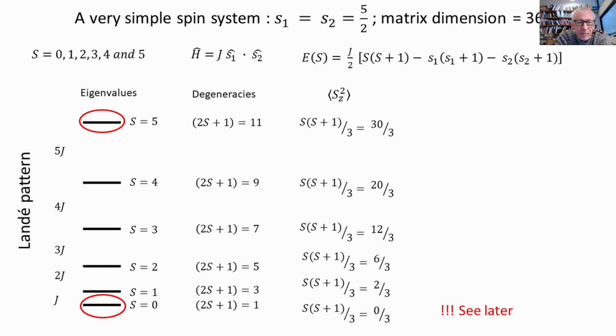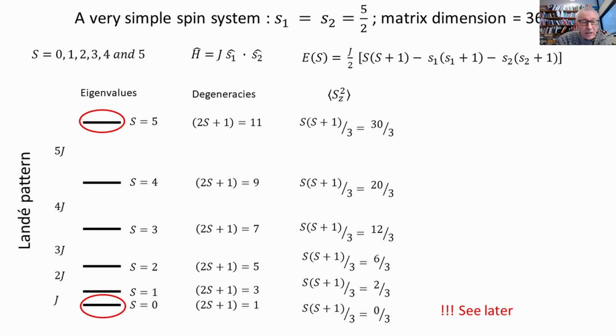See, if you have a spin system composed of two spins, each of spin quantum number 5/2, you have a system which has matrix dimensions 36. The Heisenberg operator here with J positive produces an energy level diagram shown to the left. And the spin multiplicities range from 0 up to 5.